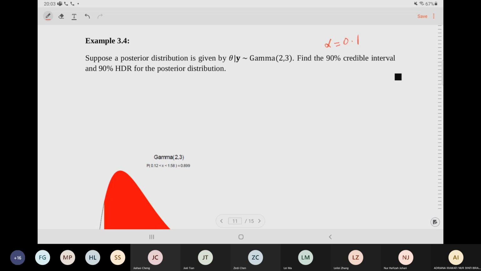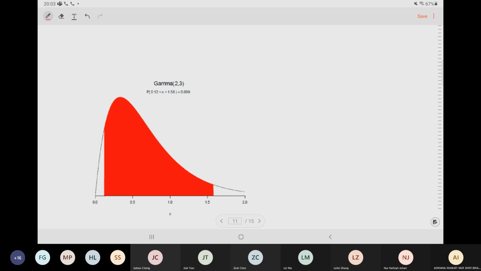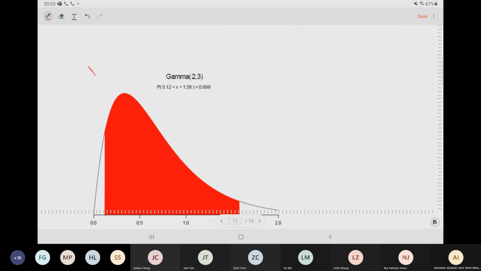You can find the gamma percentile by using R. So if I want a 90% credible interval, in this case the interval is 0.12 and 1.56.